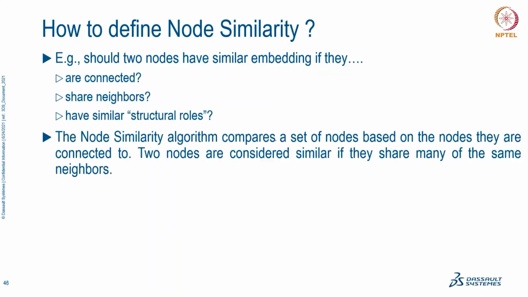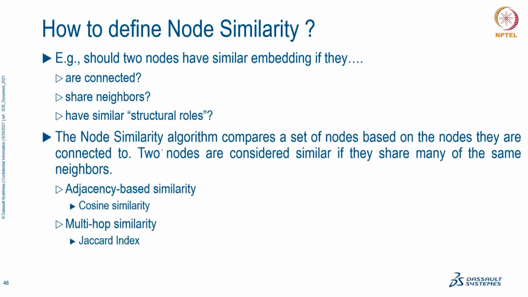So it just compares sets of nodes based on the nodes they are connected to. Those are the similarities, right? As I already mentioned, there might be adjacency-based, or you can say the cosine similarity, that is the angle, how similar they are in the true space versus the embedding space.